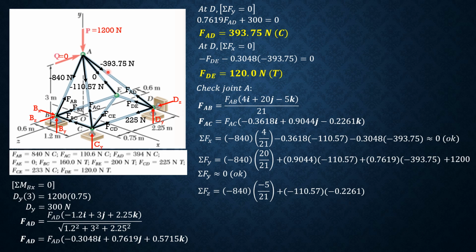Then the Z component of FAD is 0.5715 of negative 393.75. So that's it. Computing summation forces along Z is also almost 0. Therefore, since joint A is in equilibrium, all our answers are definitely correct.